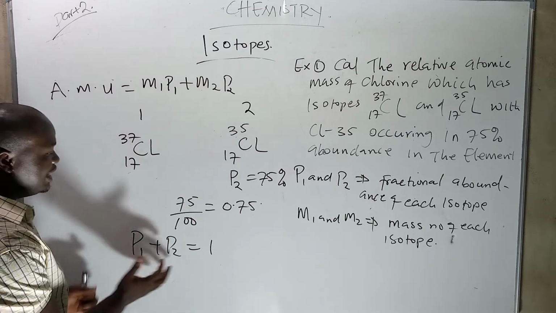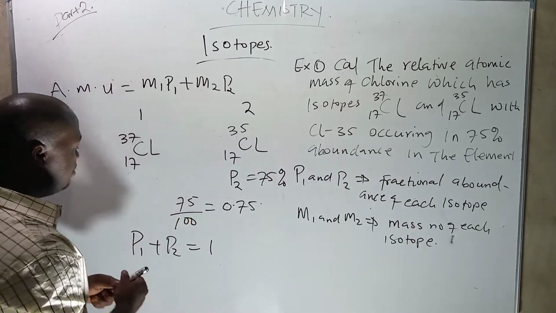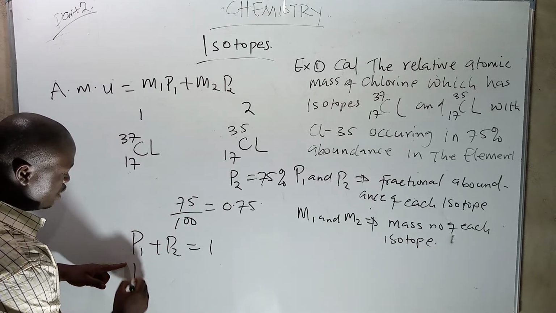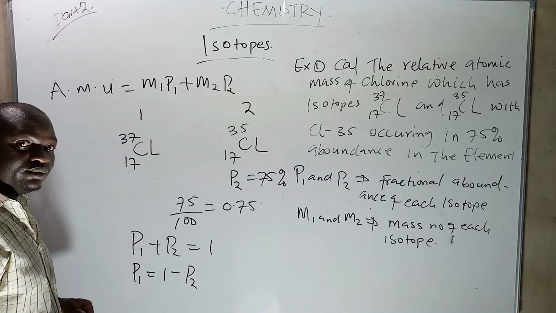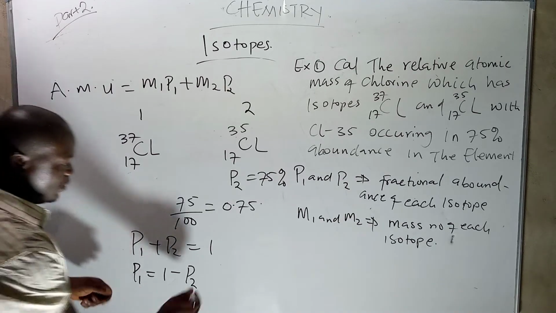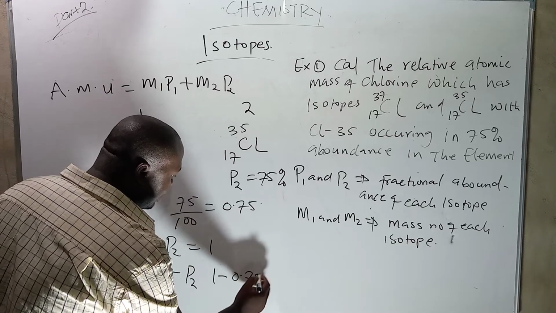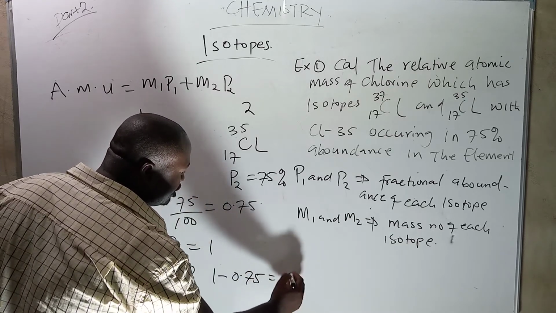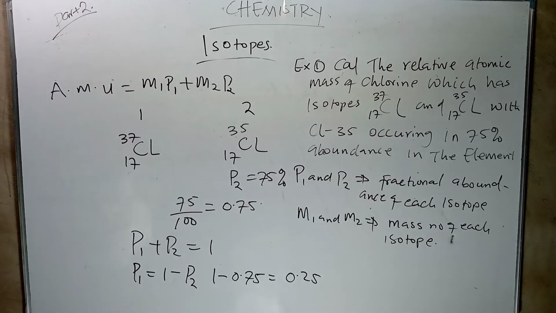If you add the two, you are supposed to get 1. So if you already have P2, P1 is 1 minus P2. So 1 minus 0.75 means that your P1 is 0.25. Can you see it? If you add 0.25 plus 0.75, you get a total of 1.